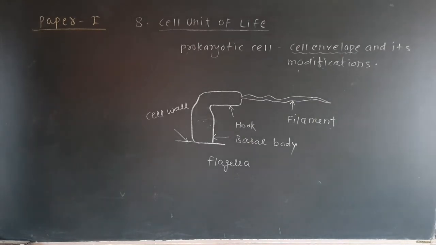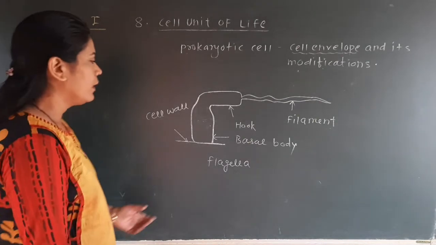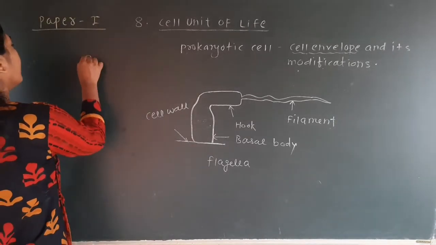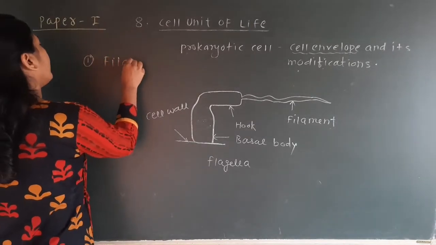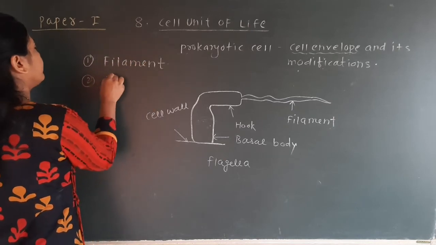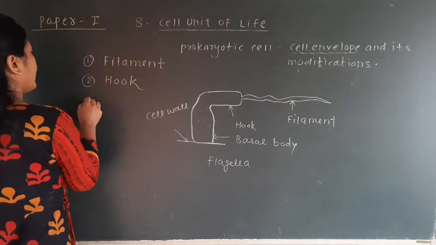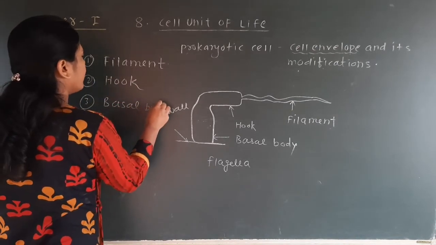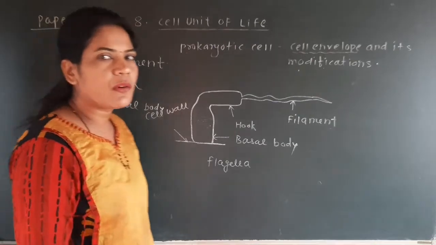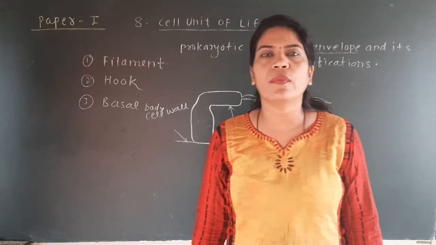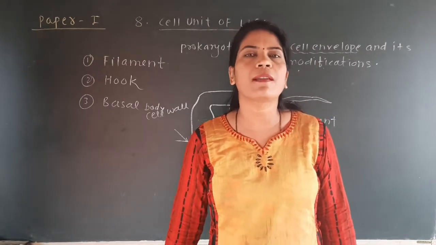What we have seen here is that this flagella has three important parts: filament, hook, and basal body. If the question is asked from the NEET point of view, which is not a part of flagella, then you should first know the parts of flagella.